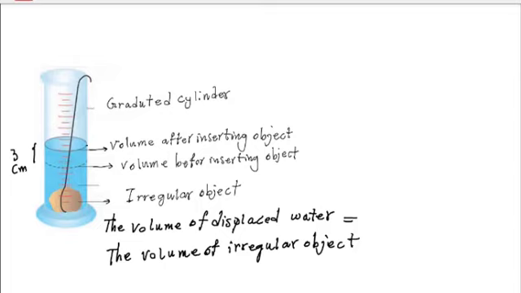And we know that the volume of the cylinder is equal to the area of the cylinder base, which is pi r squared, times the height of the cylinder. This is the volume of the displaced water, which is equal to the volume of the irregular object like a rock. So let's go through some questions.